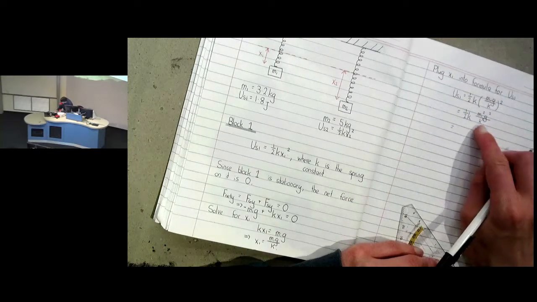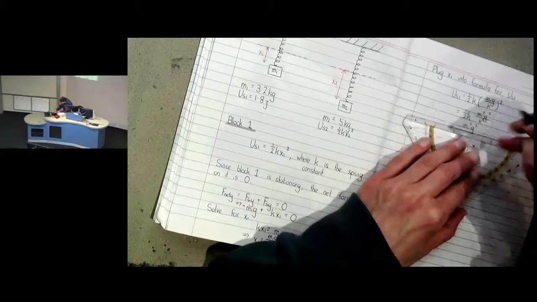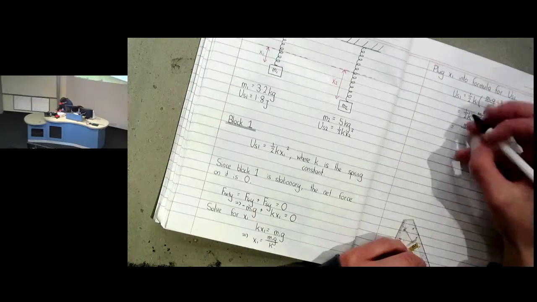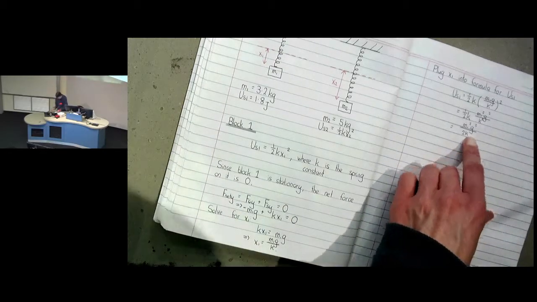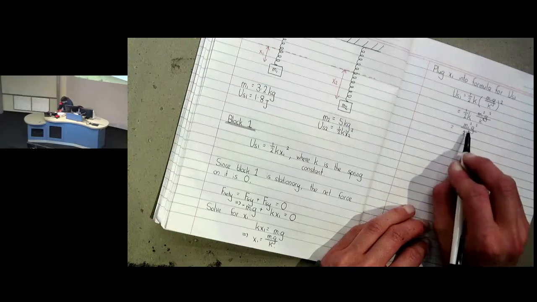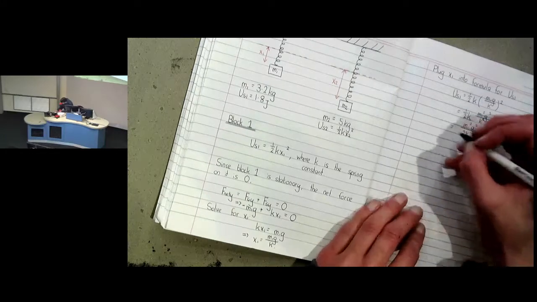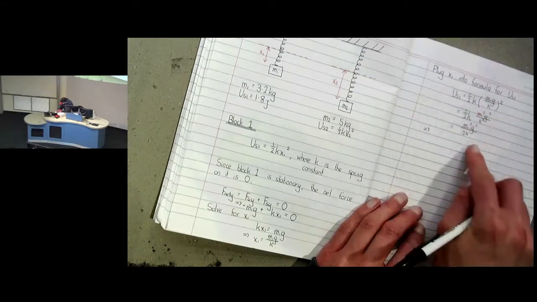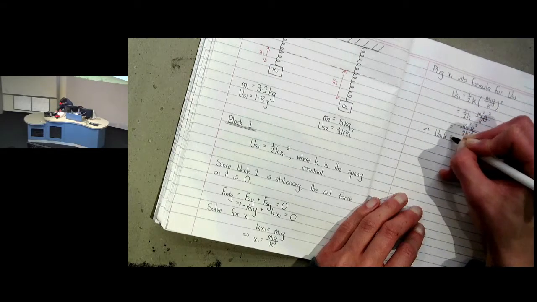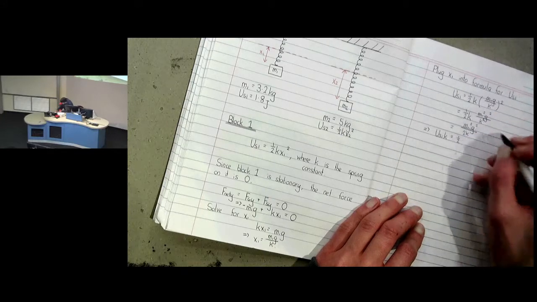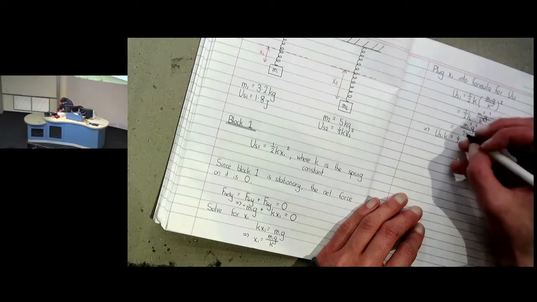So here we have the spring constant divided by the spring constant squared. So this is just going to be equal to M1 squared G squared over 2 times K. And this K is the thing that we want to solve for. So to solve this equation for K, what we can do is multiply both sides of this equation by K. So if we multiply both sides by K, we then get that US1 times K is going to be 1/2, because M1 squared times G squared divided by 2 is just the same as multiplying these two things by 1/2.